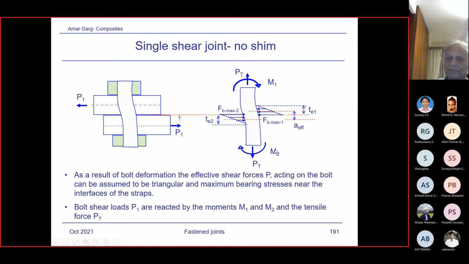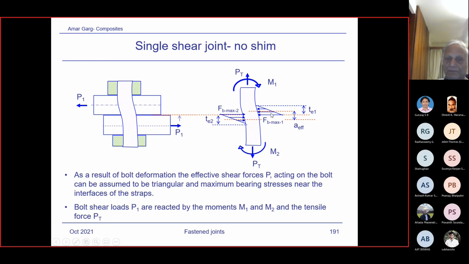So now, due to this one, what happens? This has to be in equilibrium. And where do the loads get reacted then? Suppose the collar is not there. Then what will happen? When you are applying the load, it will just fail because there's nothing to react this load.